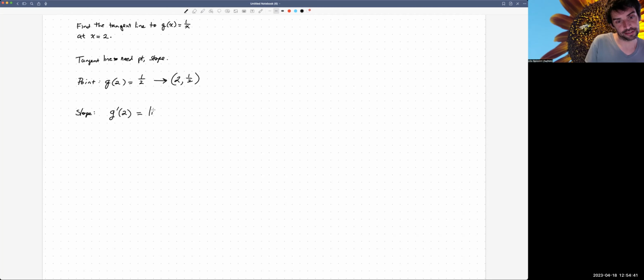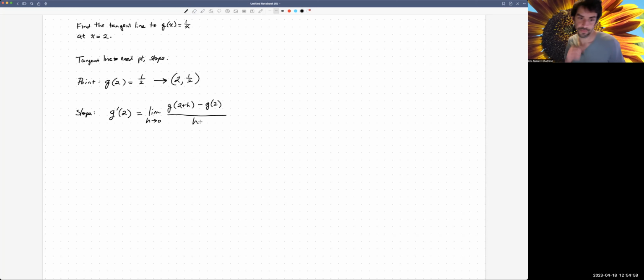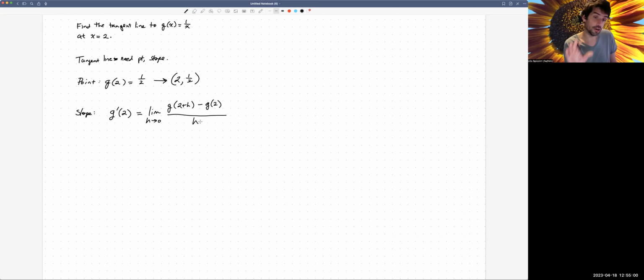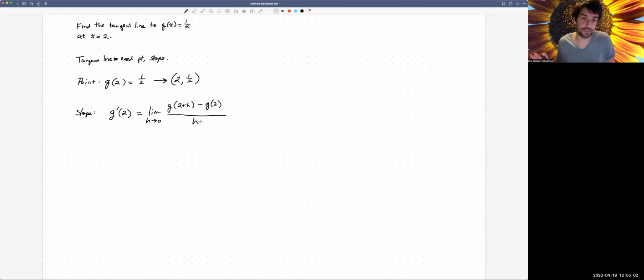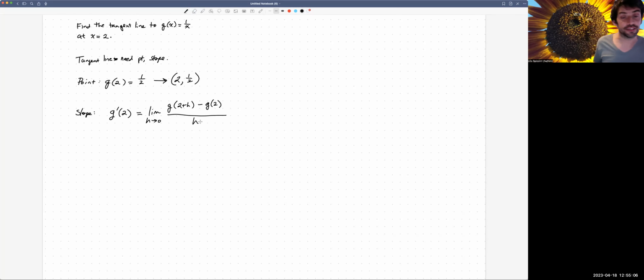We're going to take the limit as h goes to 0 of g of 2 plus h minus g of 2, all over h. Most of the work we're going to have to do is this: if I try to plug in 0 right now, I get 0 over 0, which is not defined.